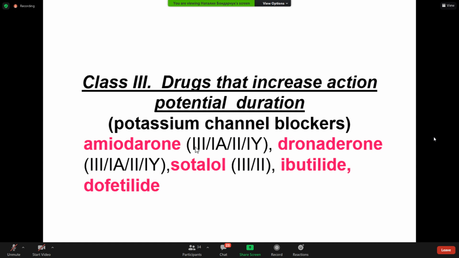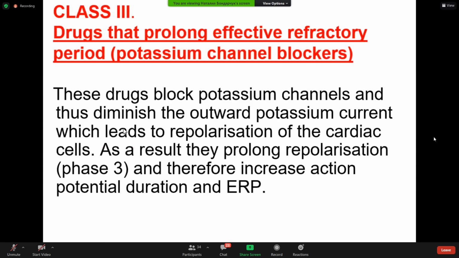So these drugs inhibit potassium channels, sodium channels, beta adrenoceptors, and calcium channels. The same concerns dronedarone. Sotalol is more selective. It blocks potassium channels, plus it inhibits beta adrenoceptors. So general characteristics of the third class of antiarrhythmic drugs.